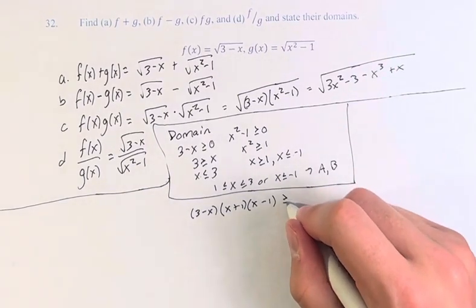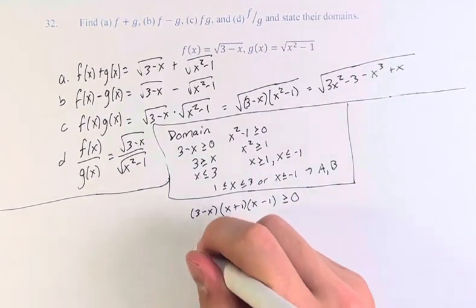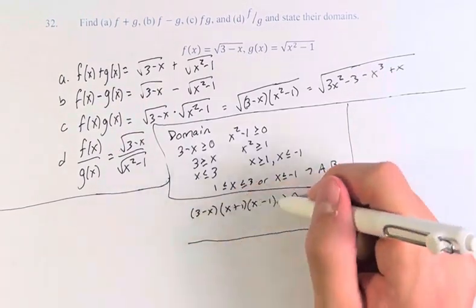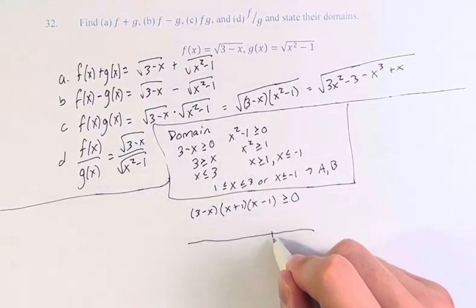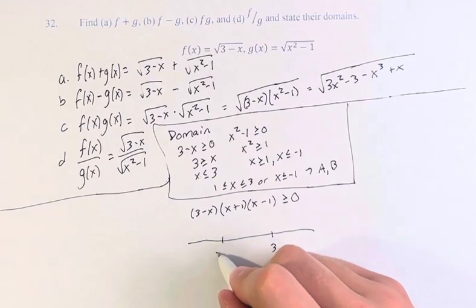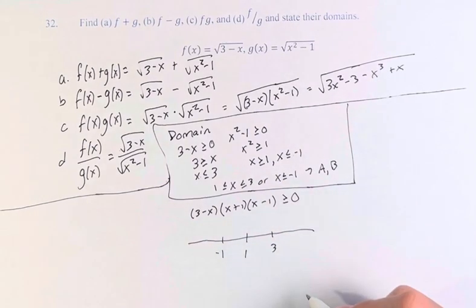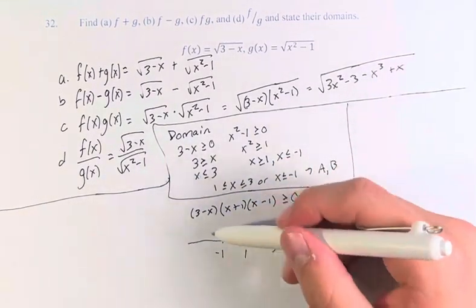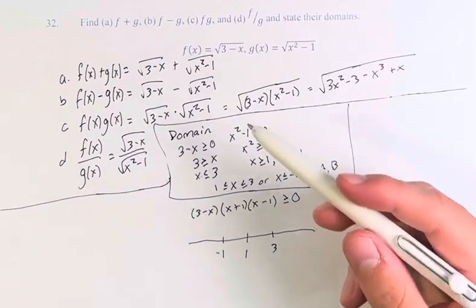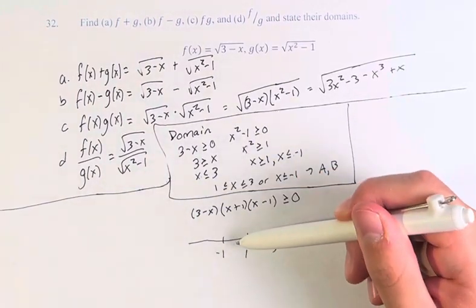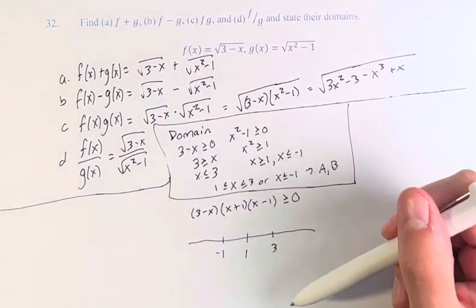And this has to be greater than or equal to 0. So you take the number line and all of these zeros: positive 3, negative 1, and positive 1. And you find values in between them and determine whether in this interval the function is positive.